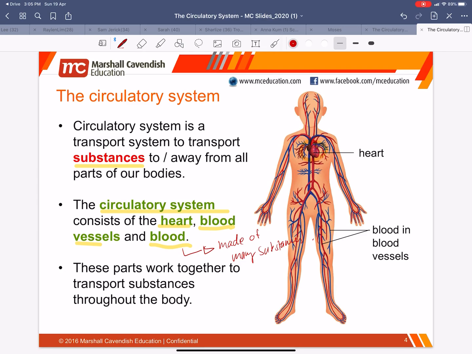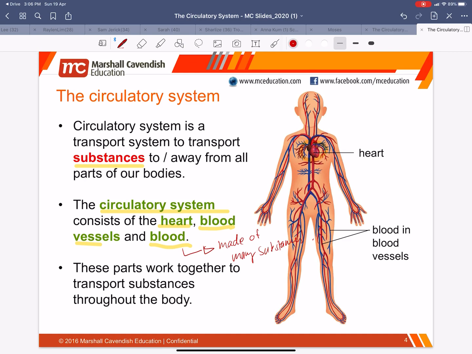Some of you like to put more sugar, condensed milk, or normal milk. And when you mix everything together, it becomes a nice cup of Milo, right? So you would just call it Milo. But in fact, Milo is made up of so many different things. You've got your Milo powder, you've got your sugar, you've got your milk. So that is the exact same thing that blood is. Blood is just not blood, but blood is made up of many different types of components in it.